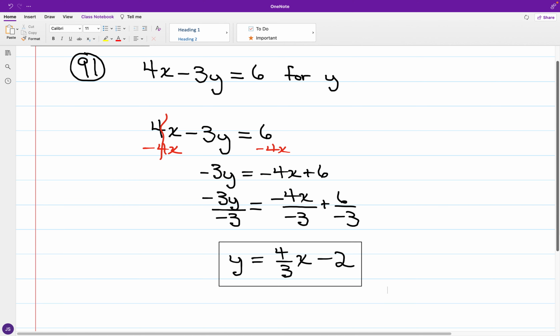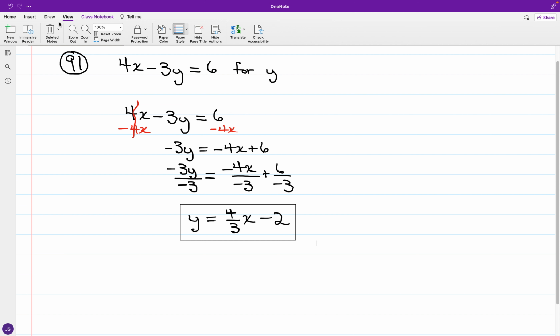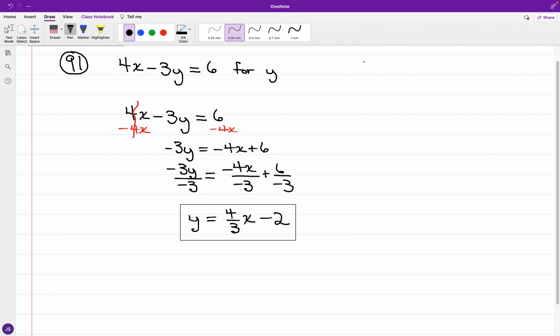And we have also in the set looking at expressing and solving for a specified variable. We have number 96. Now this one is a bit tricky, and here we have fractions throughout.